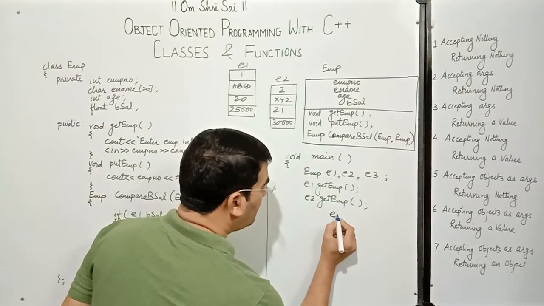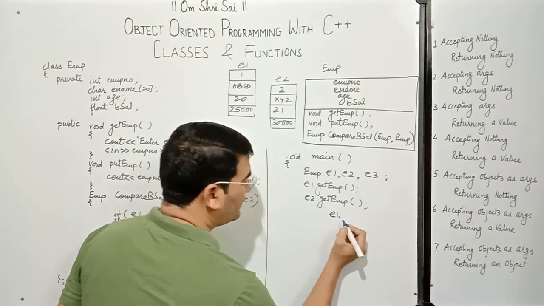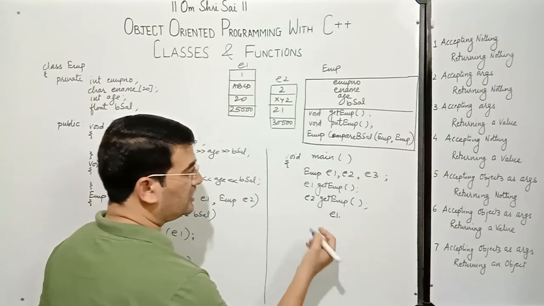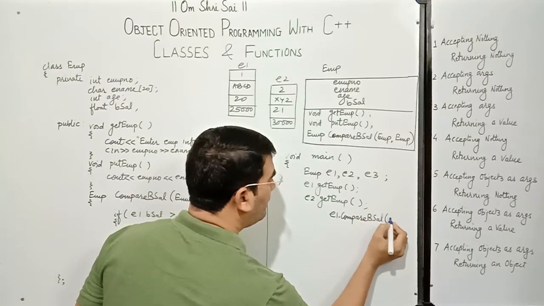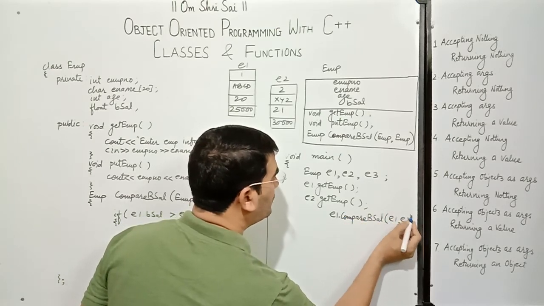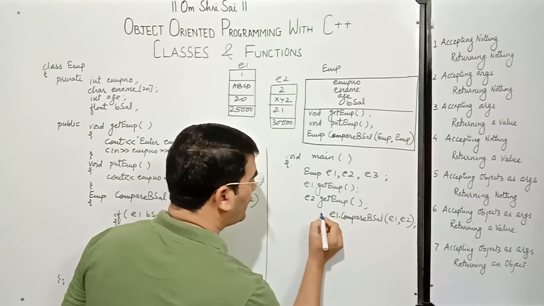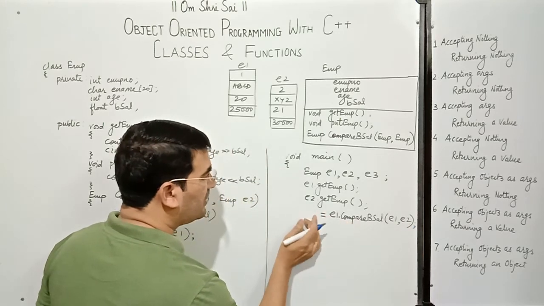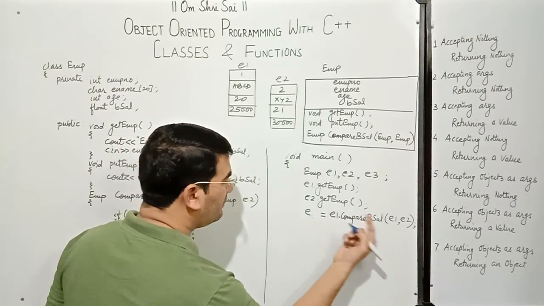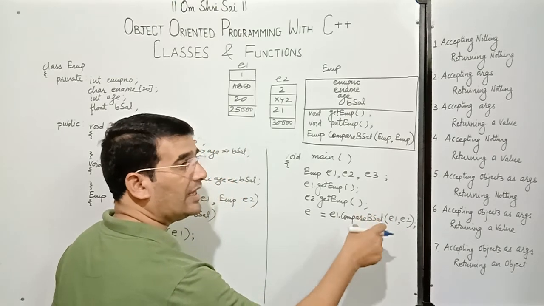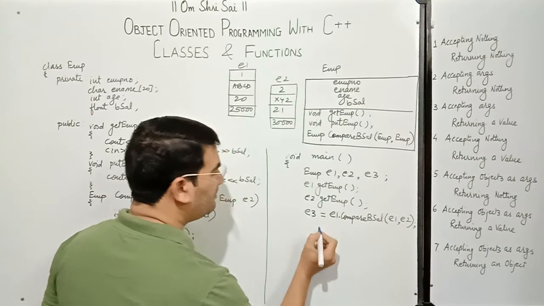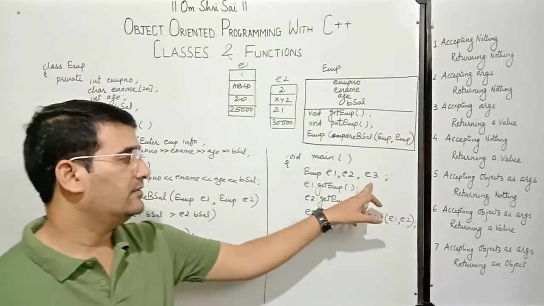As it is a member function, we will invoke this with the reference of either E1 or E2. The name of the function is compare bcell, and we will pass E1 and E2 which are to be compared, and this function will return either E1 or E2, whichever object has higher salary, and it will be accepted in the object E3.